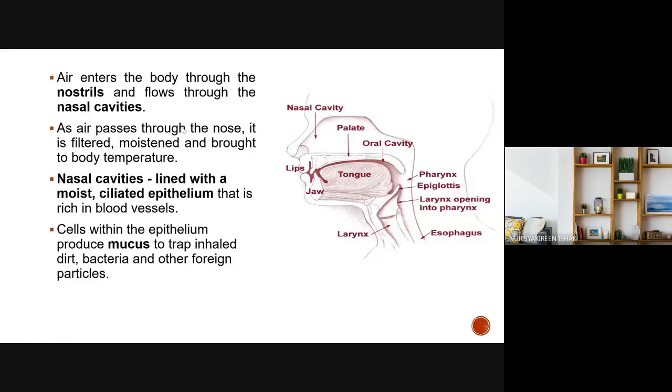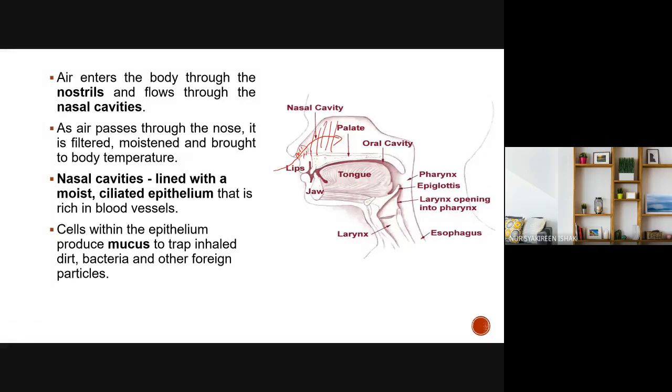So air enters into the body through the nostril and flows down the nasal cavity. So this is the nasal cavity. Then nasal cavity is here. So from outside into the nasal cavity. So air passes through the nose. It is filtered. Inside the nostril there is hair.